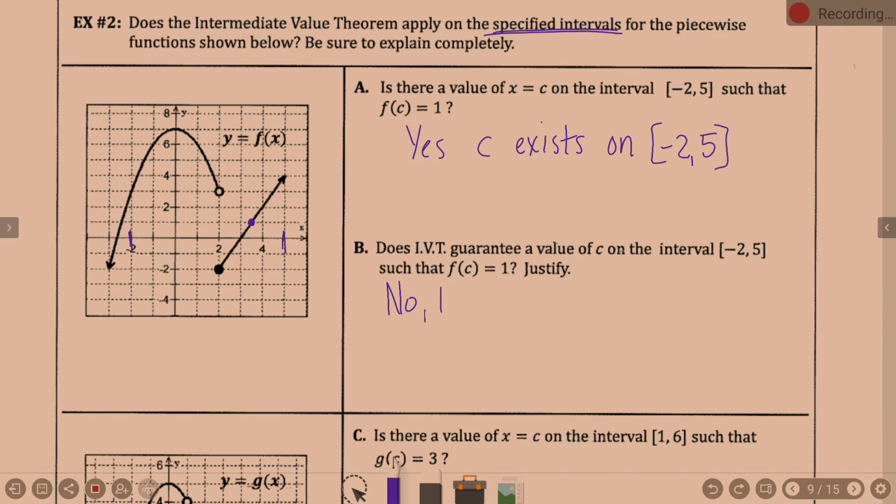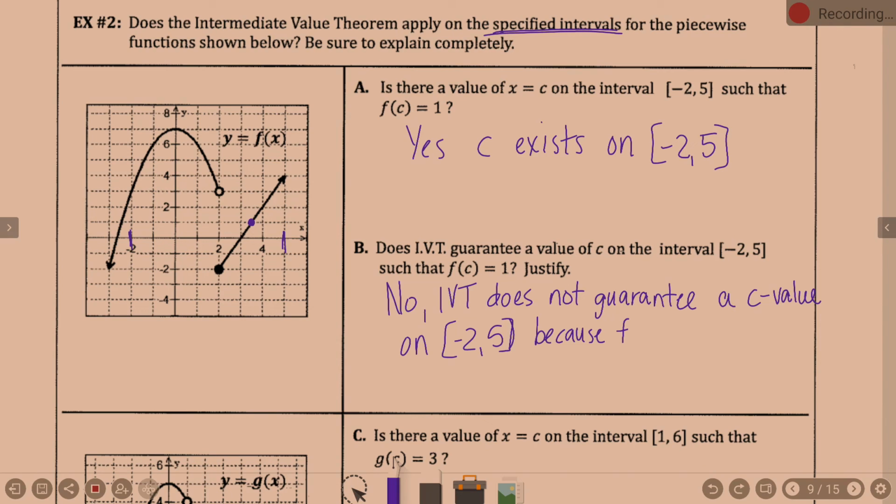Okay? So you can always finish writing this down Monday if you need to. Does not guarantee a C value on -2 to 5, because, do we have a name for this?